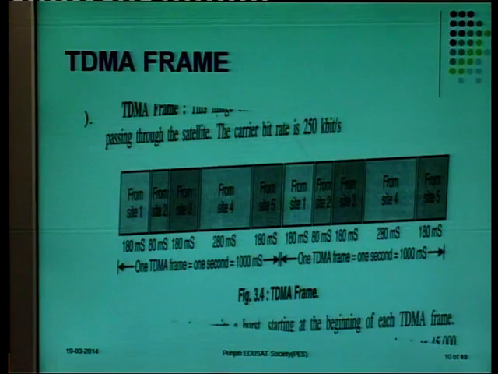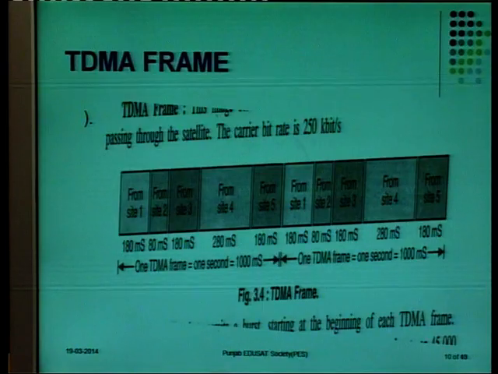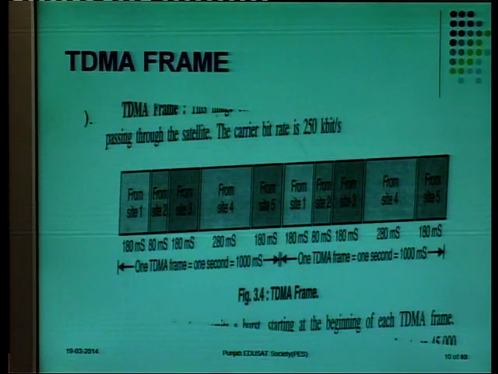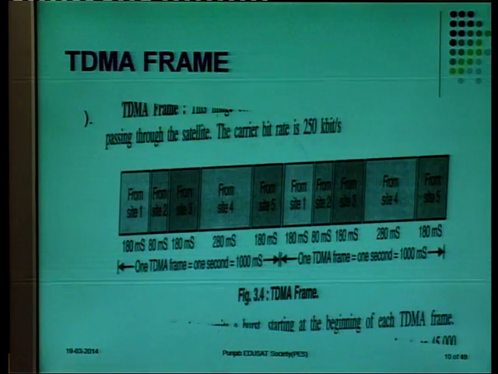So, the total becomes 940, and then 920, and then 80 milliseconds for the guard band. So, the total time is 1000 millisecond for one TDMA frame. It becomes a full 1 second.